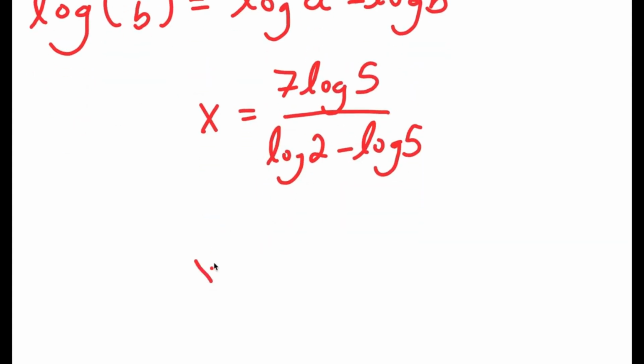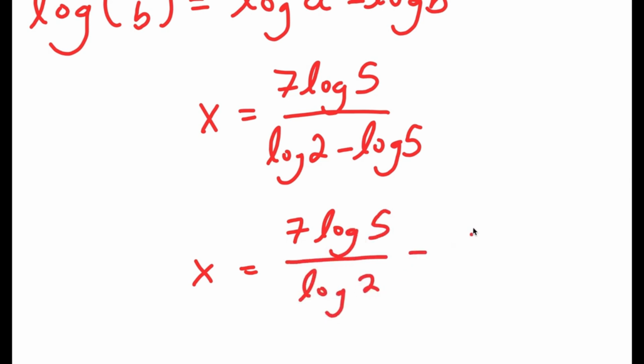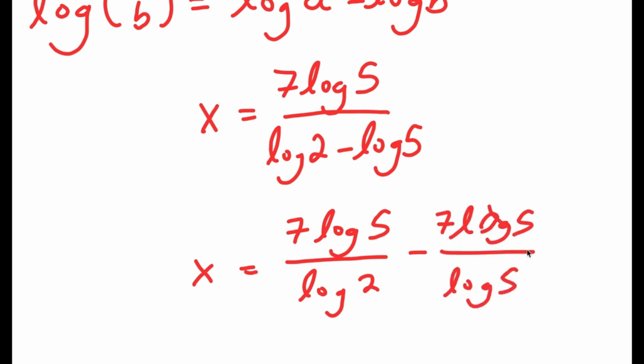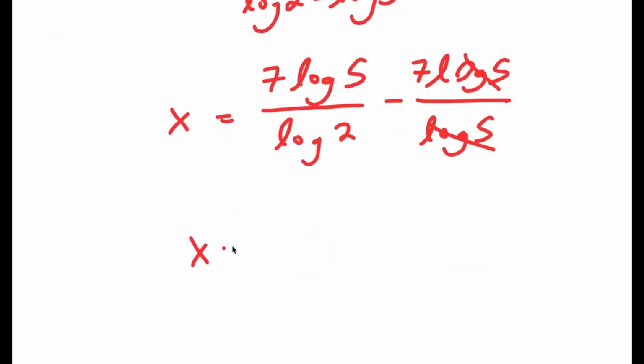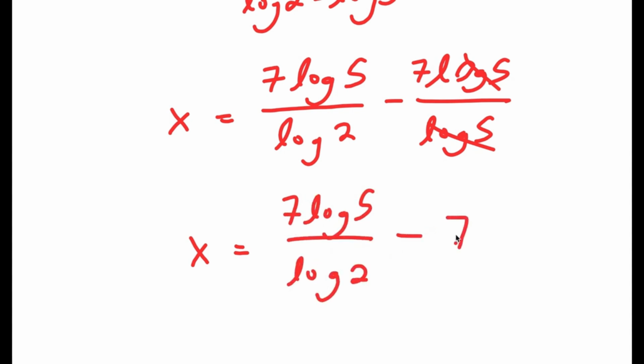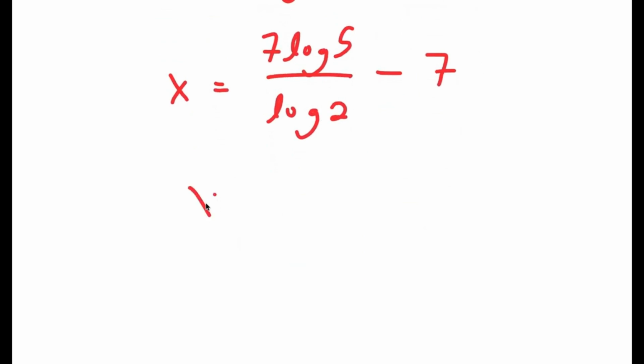And now from here, I get 7 times log 5 over log 2 minus log 5 times log 5 over log 5. And these two cancel out, so I get 7 times log 5 over log 2 minus 7. And this is the same thing as 7 times log base 2 of 5 minus 7.